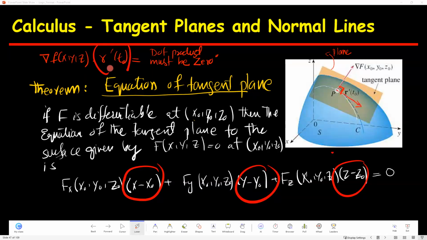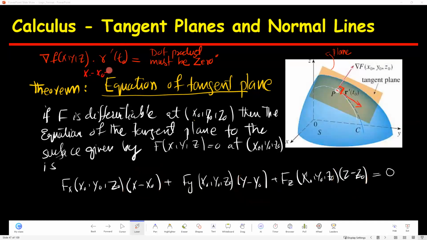And if you remember, the equation of the position vector is x equals x naught plus at, y equals y naught plus bt, and z equals z naught plus ct. Those equations. So the part that came from that equation is my position vector.